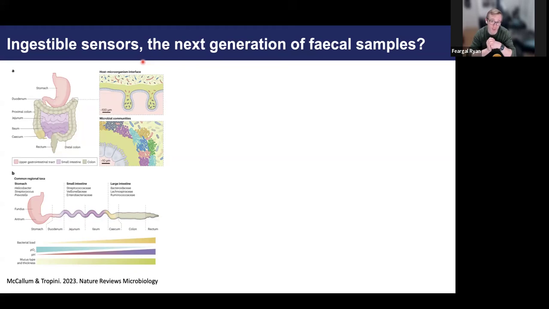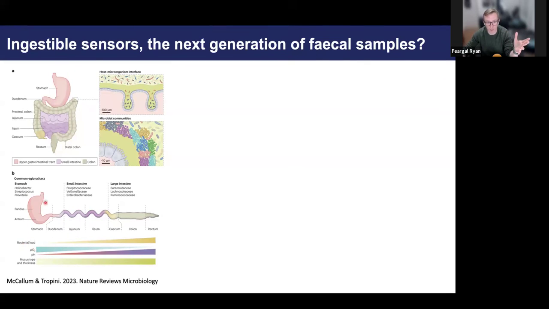One of the problems with fecal samples, though, is that they come from basically the end of the gastrointestinal tract. And our gastrointestinal tract isn't just one thing. It's actually very different throughout. We start with the stomach, into the small intestine, and then the large intestine, right? And the bacteria along these different parts are very different. The amount of bacteria is very different between them. The amount of oxygen is very different between them.